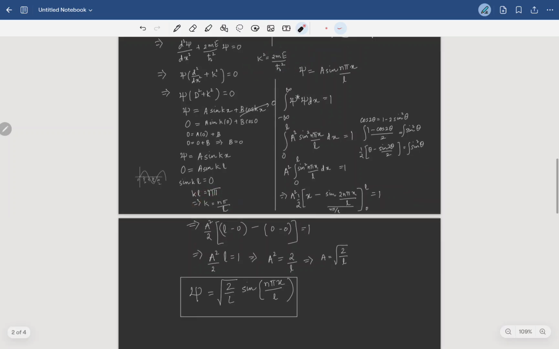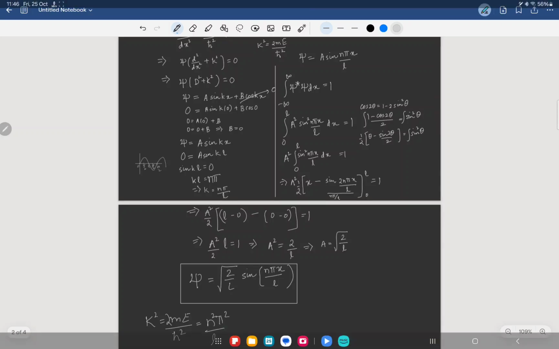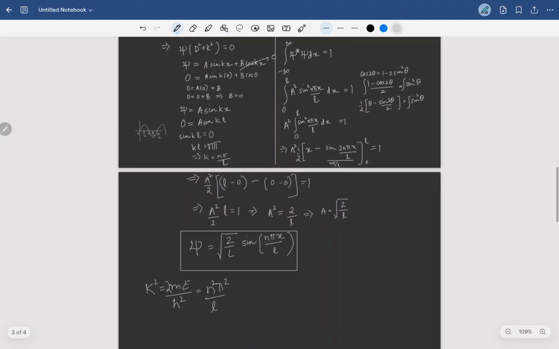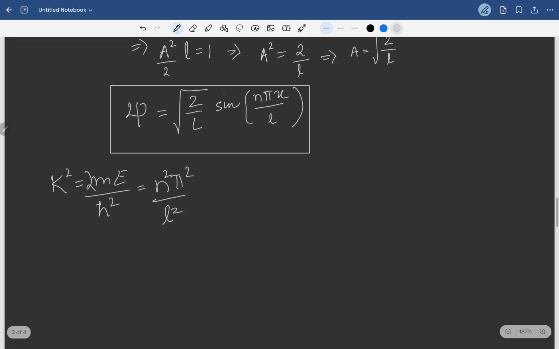K squared is equal to 2mE by h cut squared, which is equal to n squared pi squared by L squared. Just simplify it, we'll get the energy.